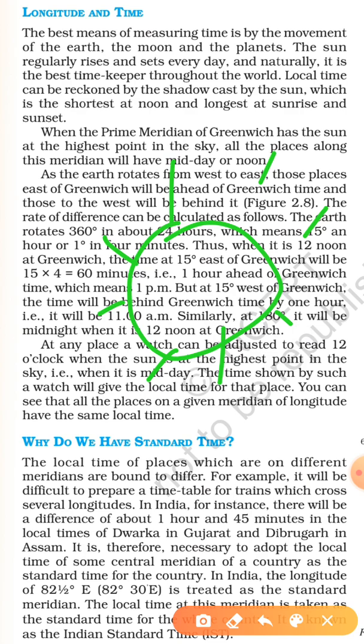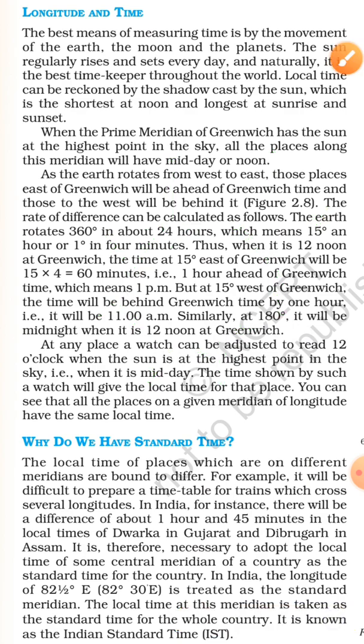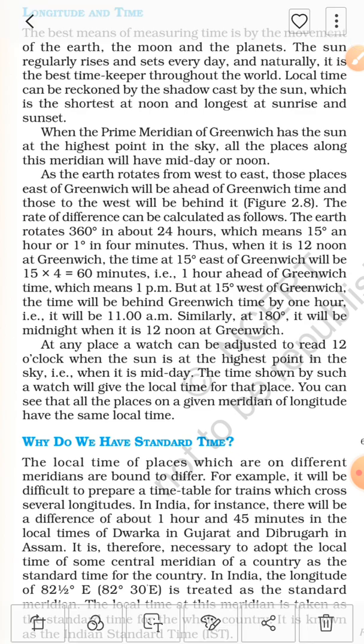So when we rotate 15 degrees, the time taken is 1 hour. Now we can see here it takes 360 degrees about 24 hours, and 15 degrees is equal to 1 hour, and just 1 degree will take only 4 minutes.